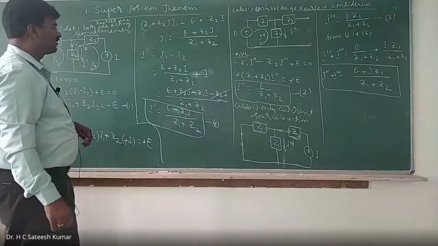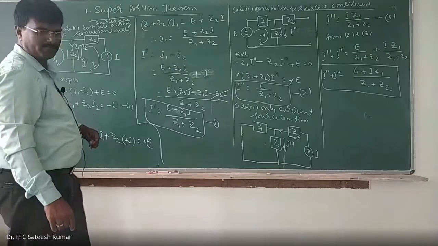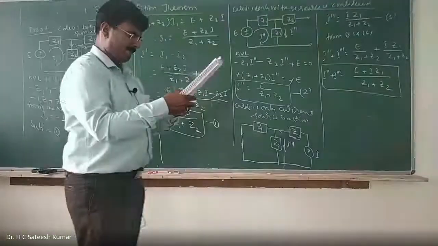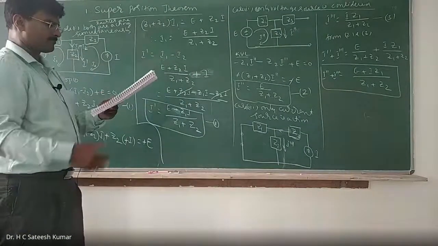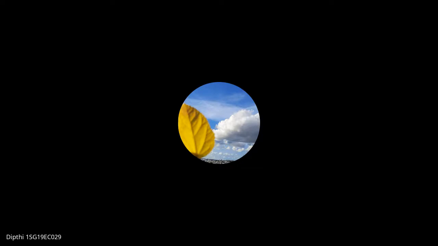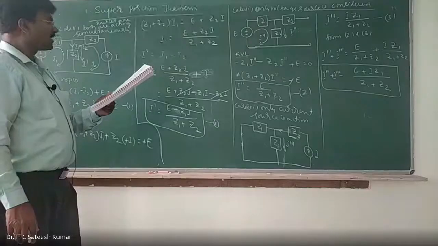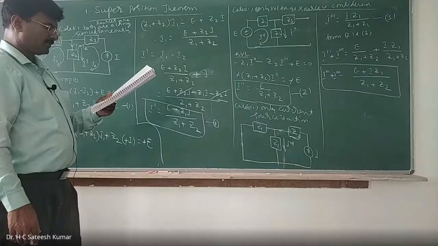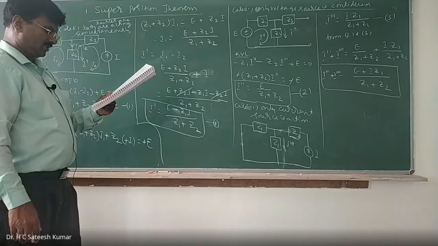And then what will you get? You should get cancel, no, one of them. We'll check it out, 1 minute. Sir, I2 is equal to minus I. So minus into minus plus. E plus I2 Z2. I1 minus I2.